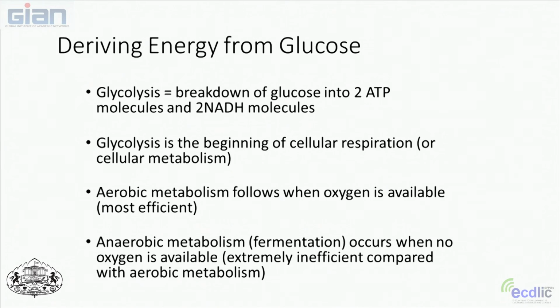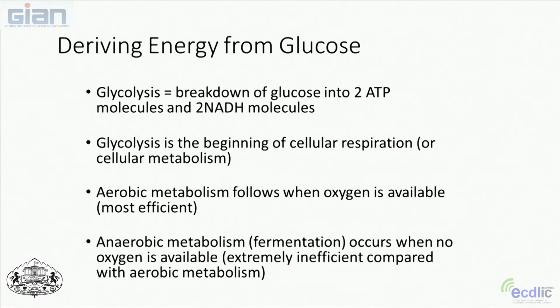Again, glucose is used during metabolism through glycolysis, which is the breakdown of glucose into 2 ATP molecules and 2 NADH molecules. And I am certainly not a biochemist. I don't know if any of you are, but if you remember the Krebs cycle and the cycle by which glucose is converted into ATP, it starts at the beginning of cell respiration or cellular metabolism.